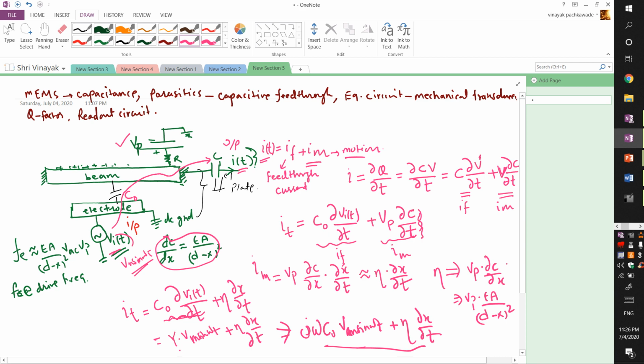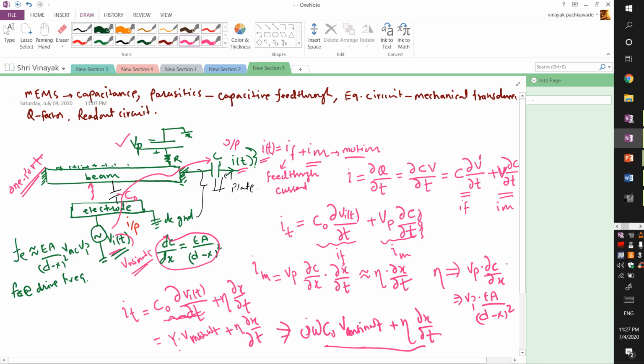So this structure is called a one port structure, one port transducer. One port in the sense that we just apply voltage to this electrode over here, and we are actuating this transducer across this capacitance gap.